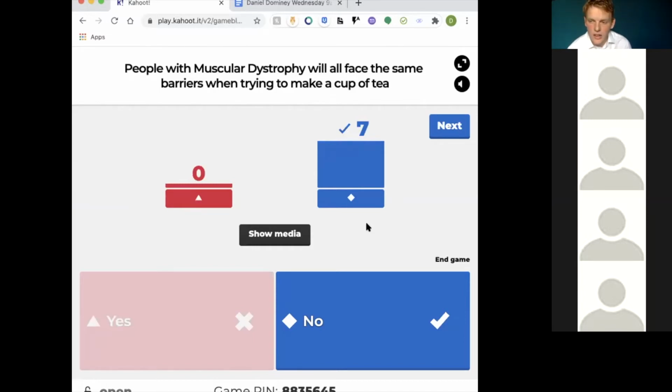So the person that likes to drink it black won't necessarily have the potential problem of opening a bottle of milk to pour the milk into the tea, because they don't do that. So they all have a very different environment, as well as perhaps the disability being different, or the impairment, I must say, within the same condition.